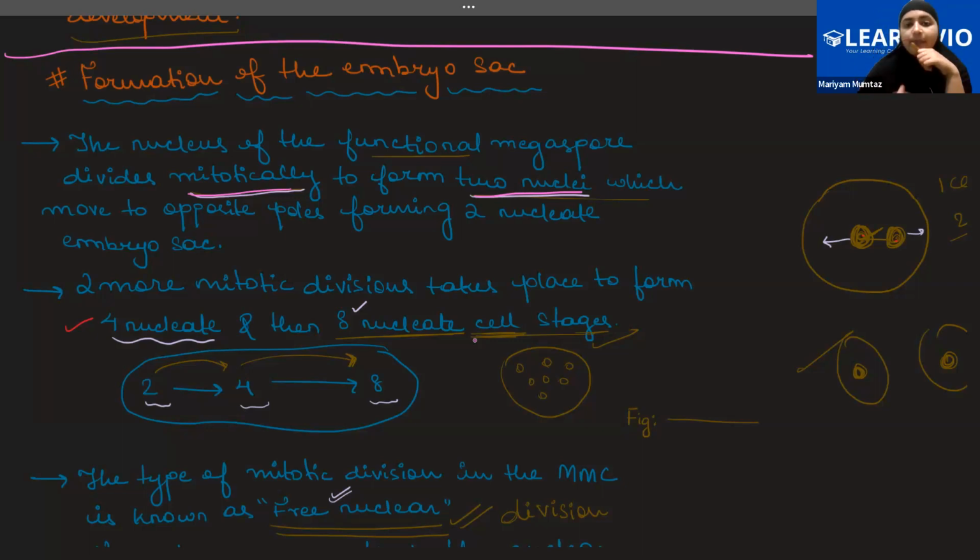Initially, when that one functional megaspore divided mitotically, because now it does not need to divide by meiosis. No reductional division is needed. Now an increase in the number of cells has to take place, and mitosis will come. It forms two nuclei, which move to opposite poles.